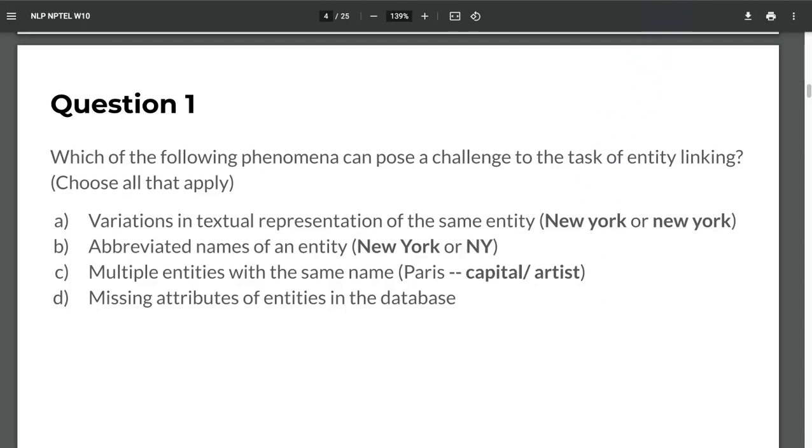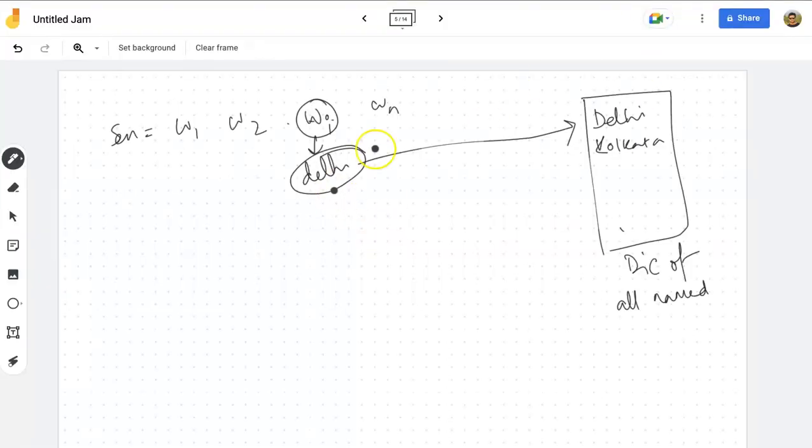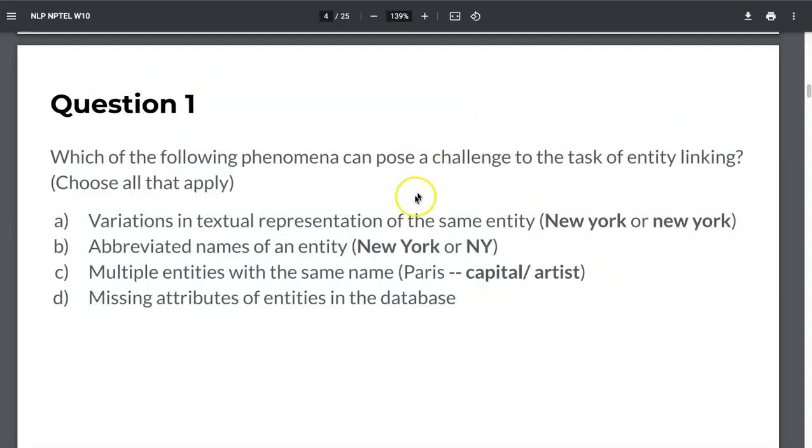But this Delhi and this Delhi are representing the same thing. Suppose someone is writing it as New Delhi, it is the same problem, you cannot match it. So this is a problem when you are doing such kind of linking.